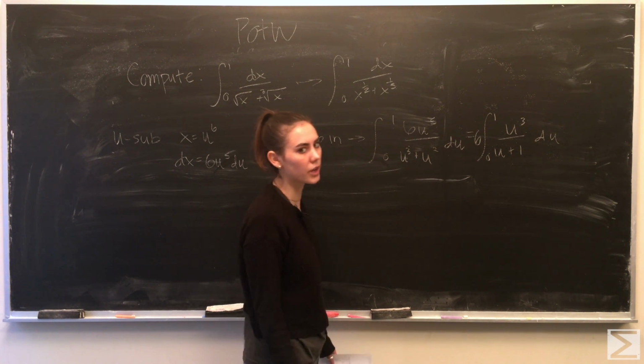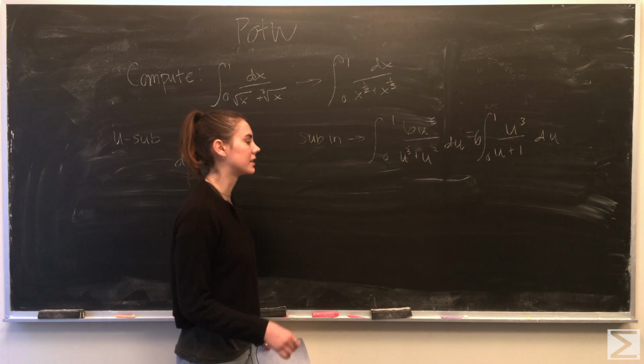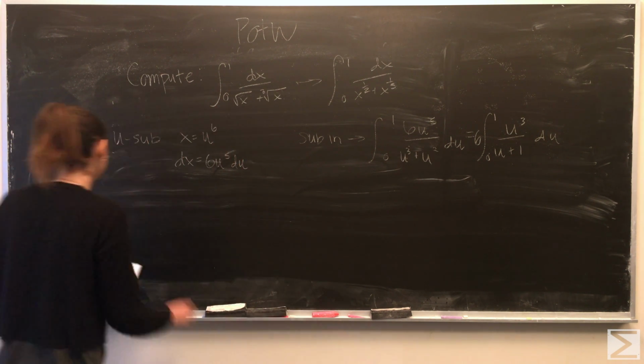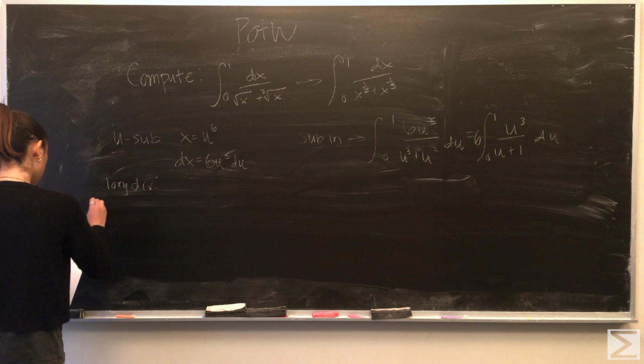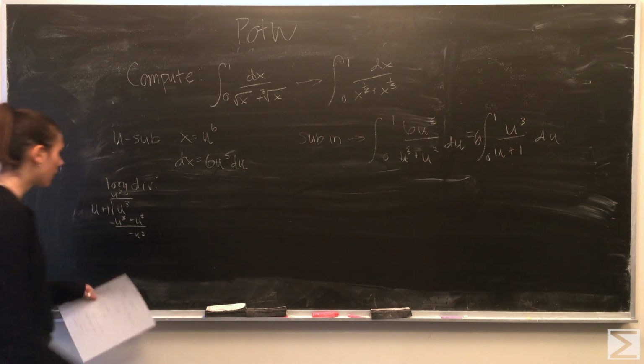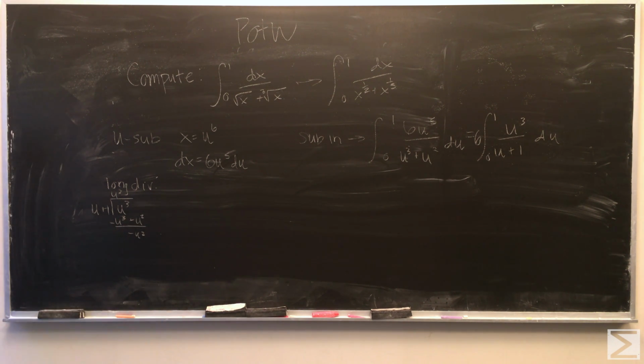What we can actually do here is use long division to simplify these terms into a form that we can actually integrate. So using long division, if we just divide u cubed by u plus 1, what we get is u squared, but then we have a leftover negative u squared.